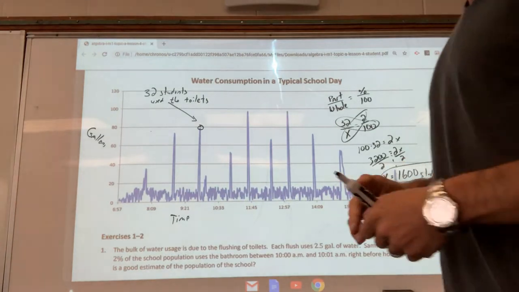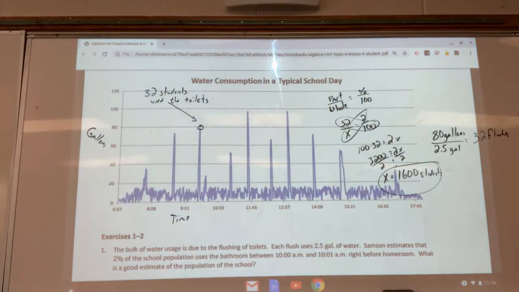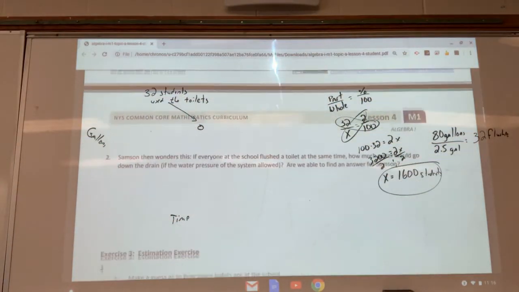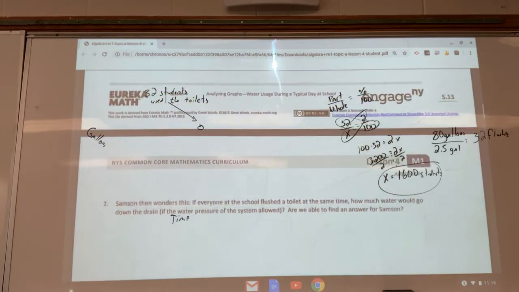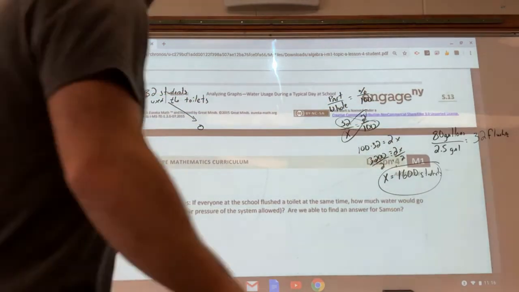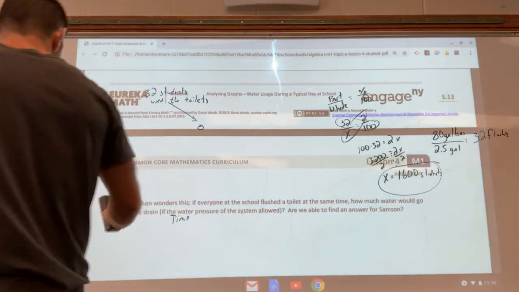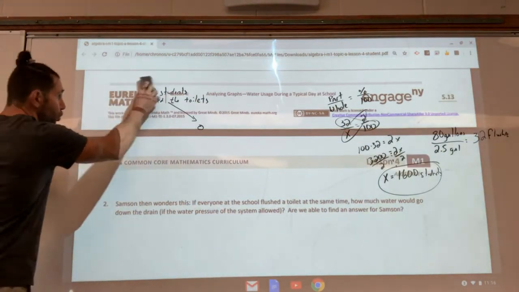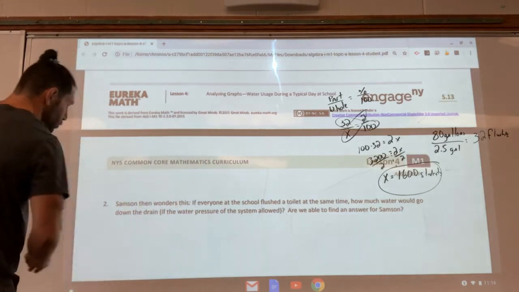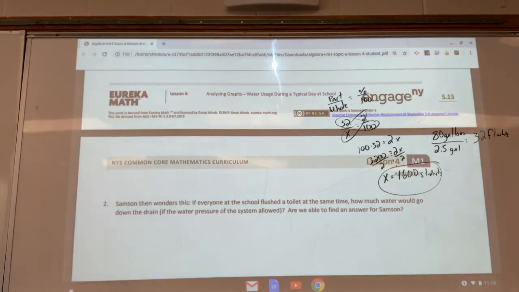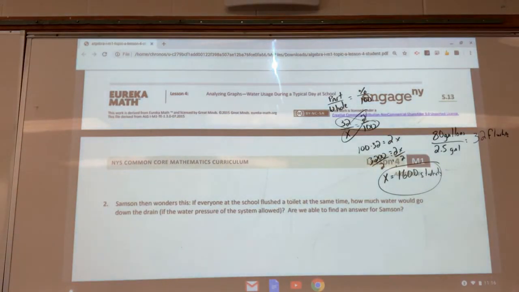So I'm going to leave this work up there. I'll put question 2 right there for you so you can read it. Samson then wonders. So pause it, see if you can come up with an answer of how much water the whole school would use if everybody flushed the toilet at the same time. Go.